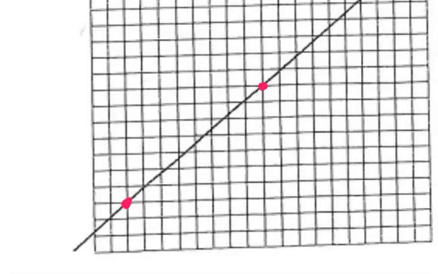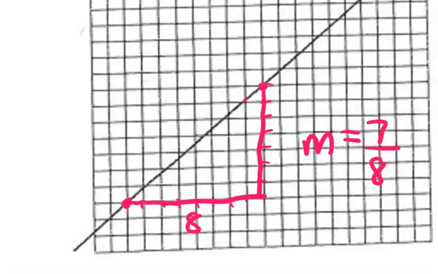Let's check that that really is the point that we want. I can't see any in between. That there is not quite. So now we're going to do this humongous triangle. What have we got here? Counting out 1, 2, 3, 4, 5, 6, 7, 8. Then up 1, 2, 3, 4, 5, 6, 7. So the gradient here is 7/8.